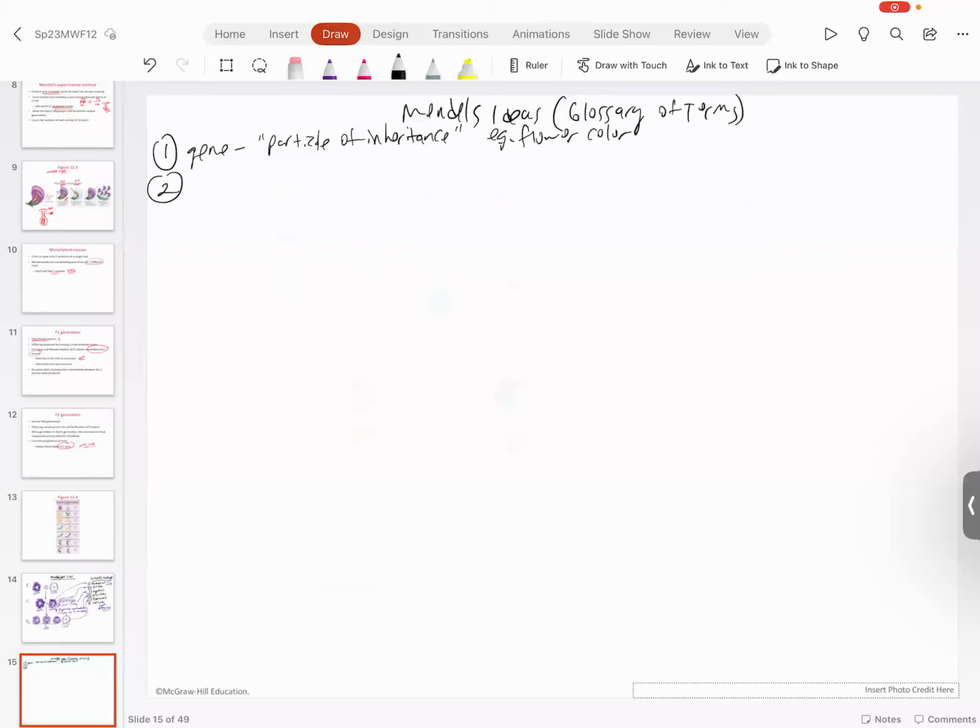But what he noticed was that there's two versions of this. You have a purple version and you have a white version. Is purple flower color? Is white flower color? So you have two different versions of the flower color. So for this one particle, you have two different versions of it. Those versions we later called alleles.